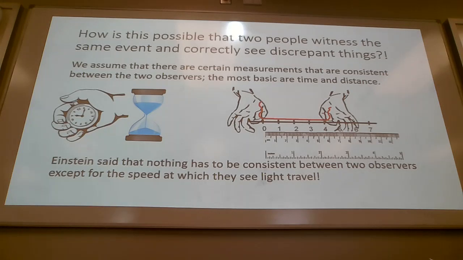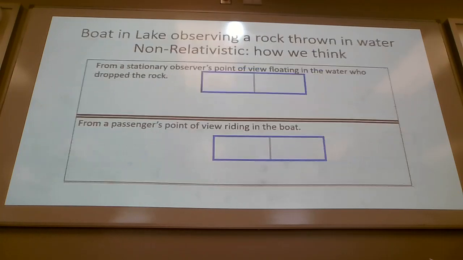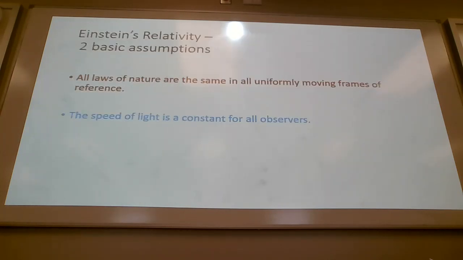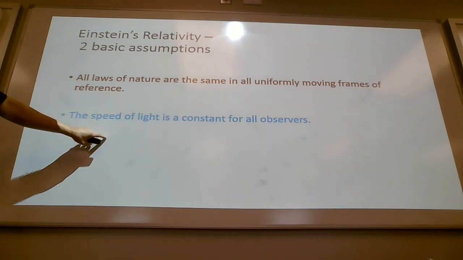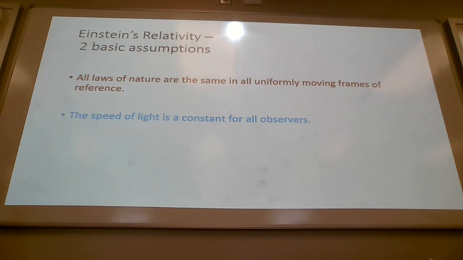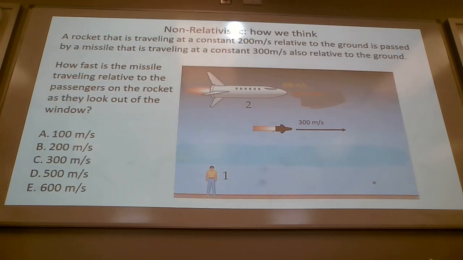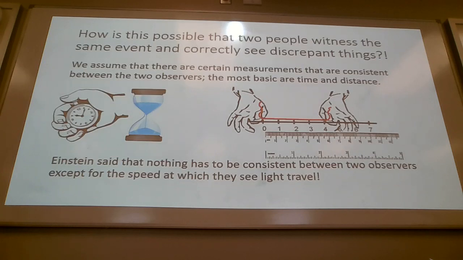And Einstein's like, you know what? Let's just clear that off the table and not assume that. We're just going to assume that everybody agrees that the speed of light is consistent for everybody else. That's where we're starting. And so the consequence of that is if you have a moving frame of reference, time slows down.